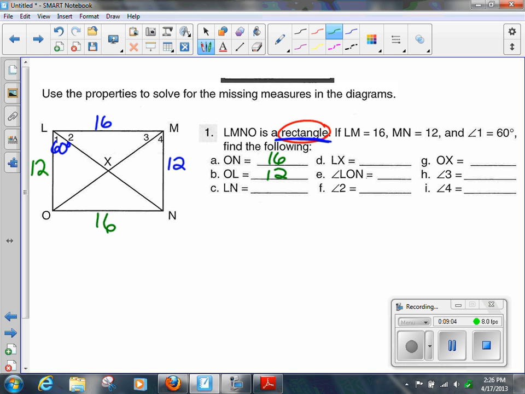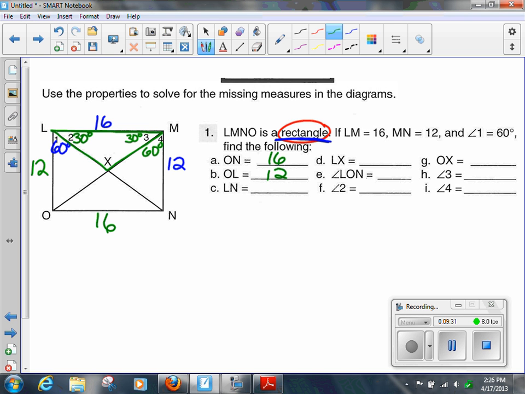Angle 4 would be 60 degrees. Do you guys agree with him? Absolutely. Angle 4 is 60 degrees. Why are angles 2 and 3 30? 60 from 90 is 30. Exactly. We talked about this yesterday. What kind of triangles are we looking at here?